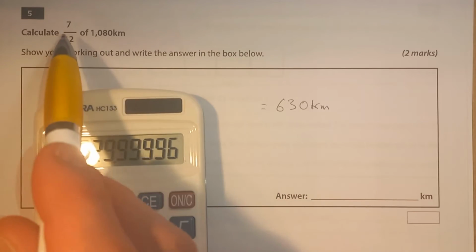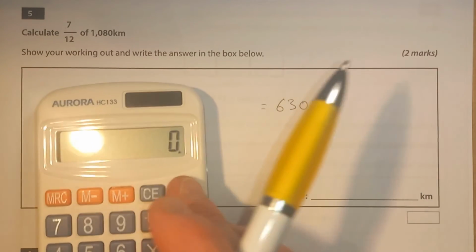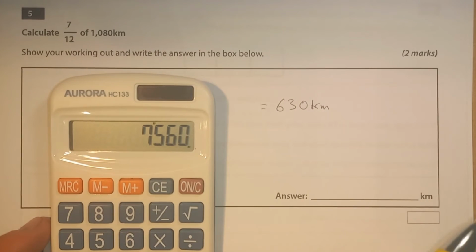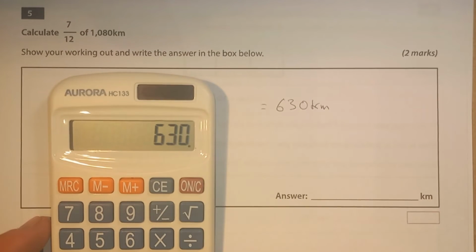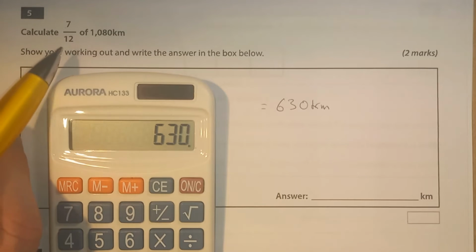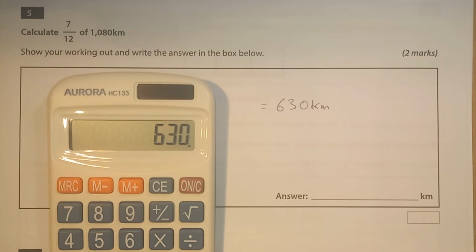Now, one way to avoid this is to say 7/12 of this is like 7 times the top number. So 7 times 1080, and then divided by 12. So you get the 630. So it's this dividing that's given us the decimal, which has then gone a bit funny, and we've had to do some rounding. You're only going to get that with a simple calculator, but I would say just reverse it.